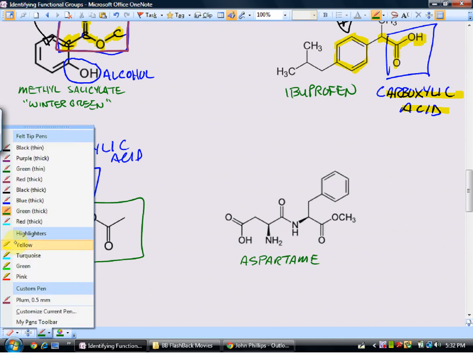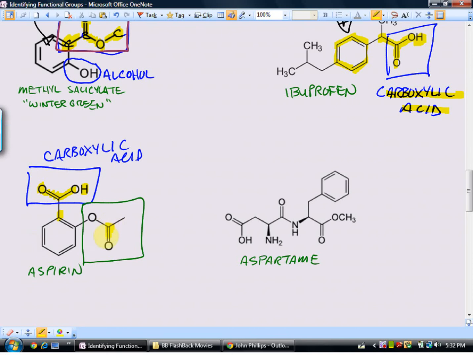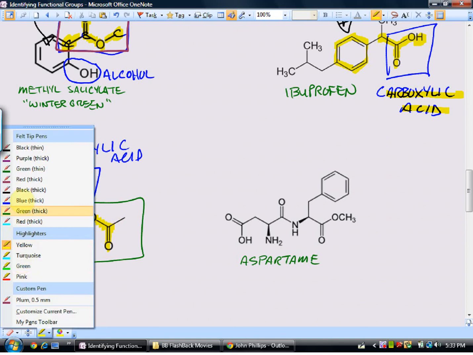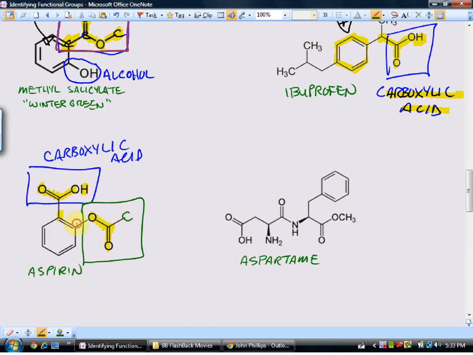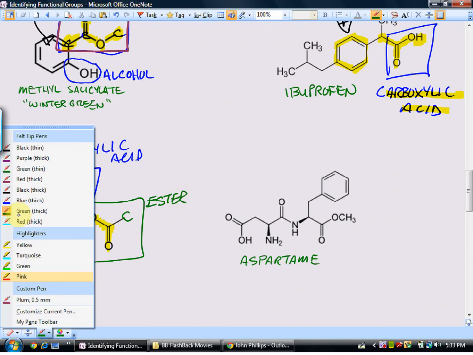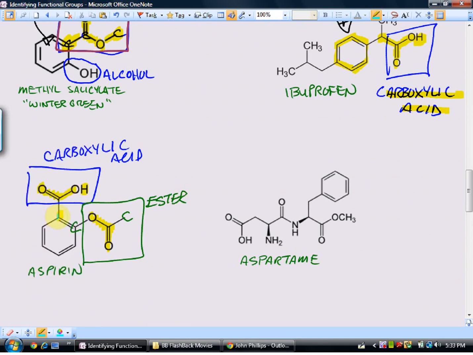Again, carbon-oxygen double bond, carbon-oxygen single bond. On the one side, we have a carbon here, we have a carbon here. That is definitely ester. And of course, as we've seen in the previous examples, we've got that beautiful six-membered benzene ring. Not necessarily a functional group, but certainly a very important structure in there. The benzene is a very common structure.